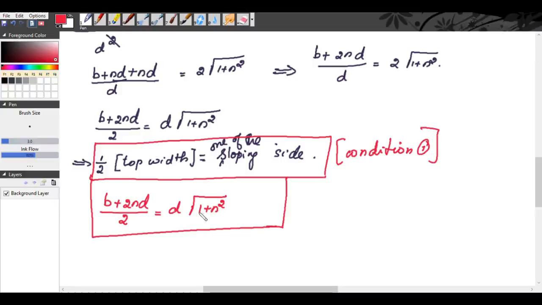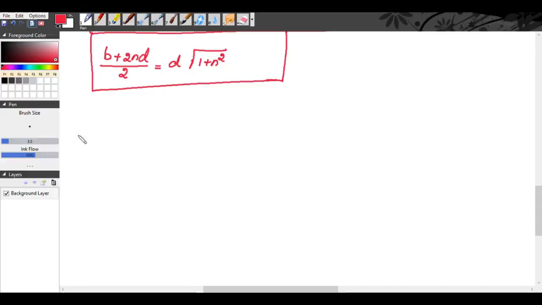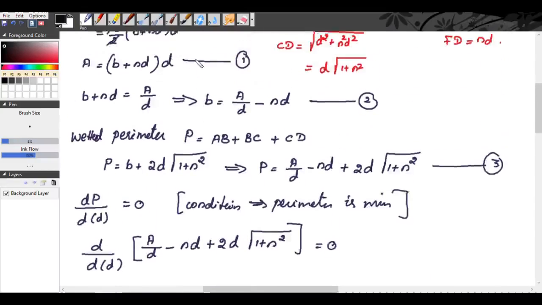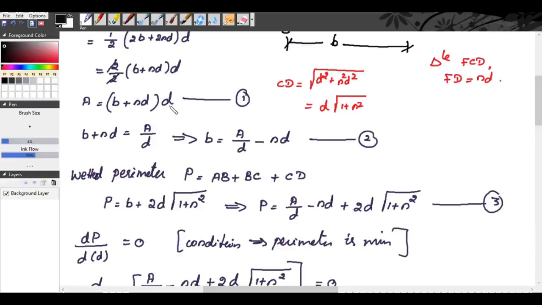Now we will find the hydraulic mean depth, that is our condition 2. So we know hydraulic mean depth m is equal to A by P. Now what is area? From the first equation, area is b plus nD into D, and from the third equation, perimeter is b plus 2D into root of 1 plus n square.